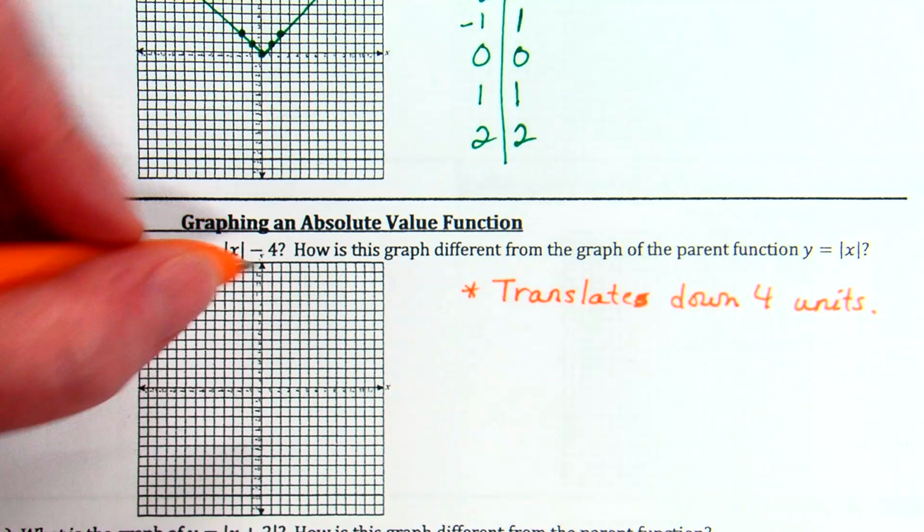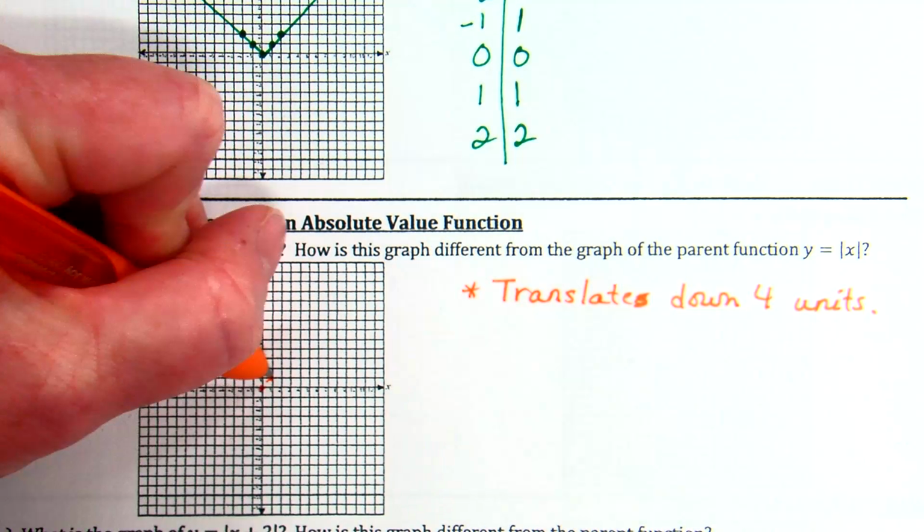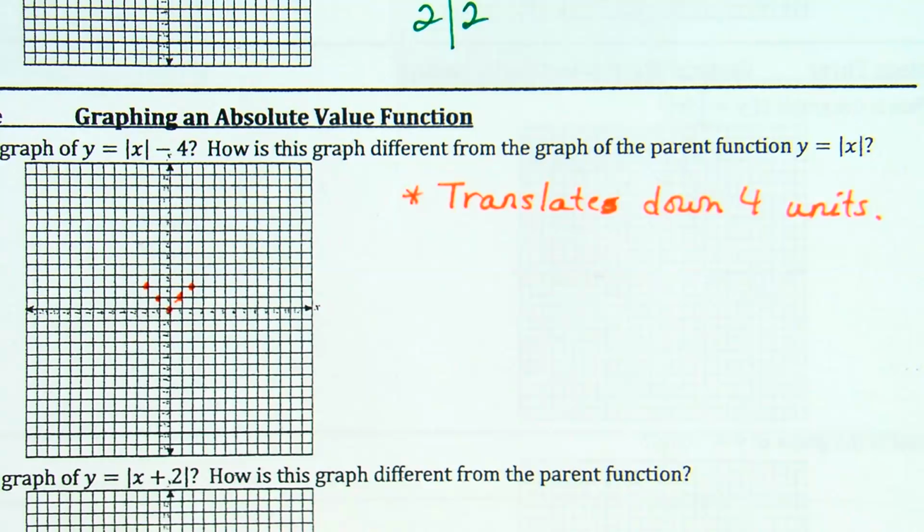Obviously, in Math Excel you can't really, but my original dots were at 0, 0, 1, 1, 2, 2, negative 1, 1, negative 2, 2. I'm not going to connect those because that's not my answer, is it? Those are always your original dots, as long as we're talking absolute value of x. What am I going to do with each of those dots? You've got to move them down 4.